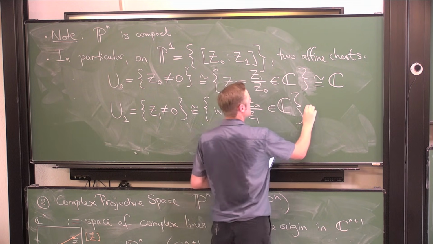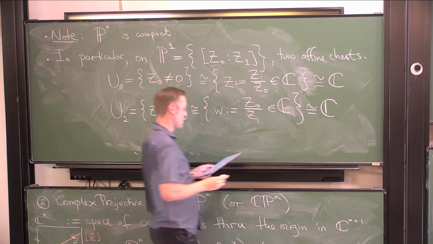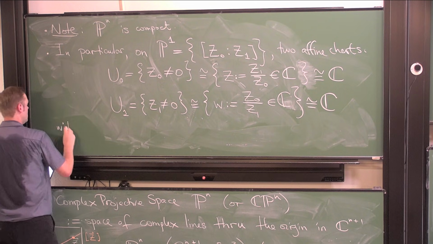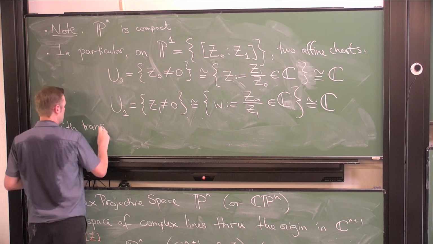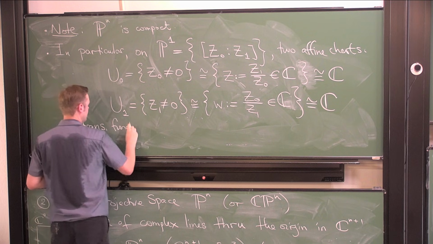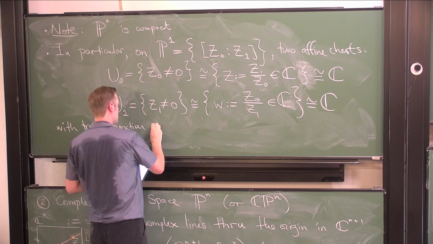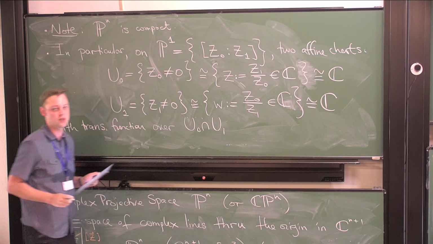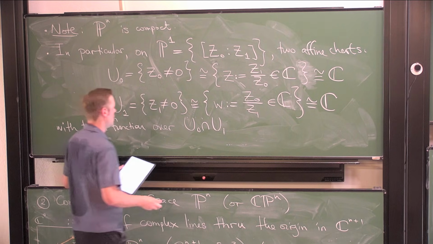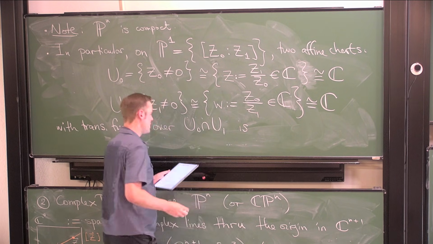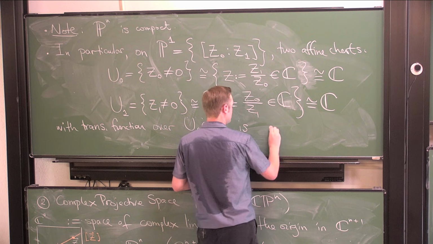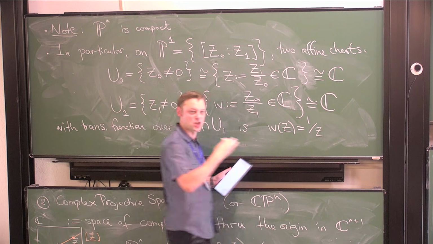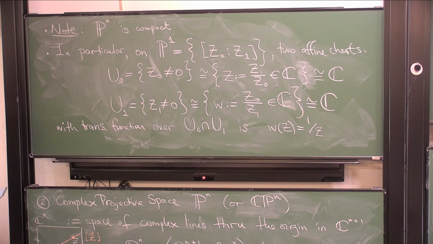So this is C, giving me the isomorphism with C. The transition function over the only double intersection we have in this case, U0 intersect U1, is really just W of Z. It's the inversion map. It just takes Z and flips it.